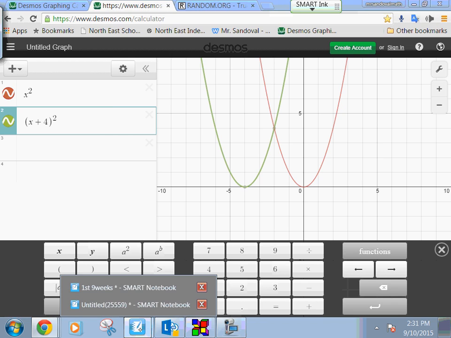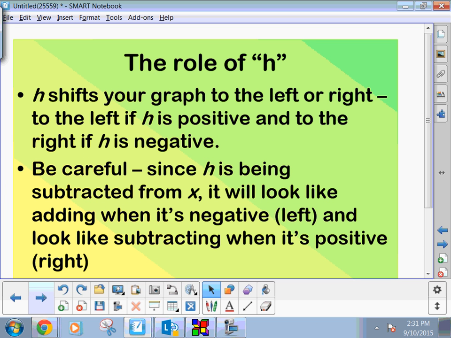So what I want you to write down is this: h shifts your graph to the left or right. To the left if h is positive, and to the right if h is negative. Now don't write the be careful part. The only reason why is that all they're saying in the be careful part is that it's going to be opposite of what you see. So don't think it's a direct thing.